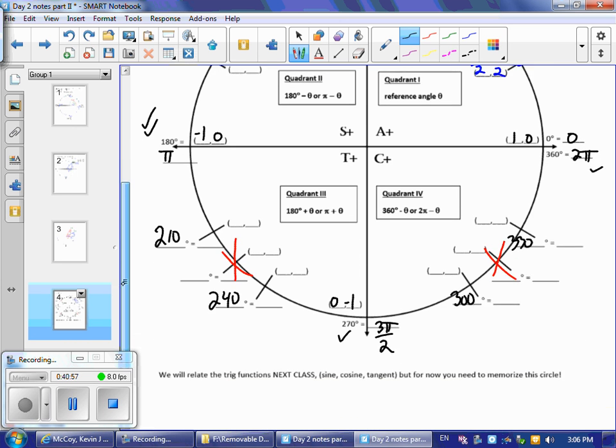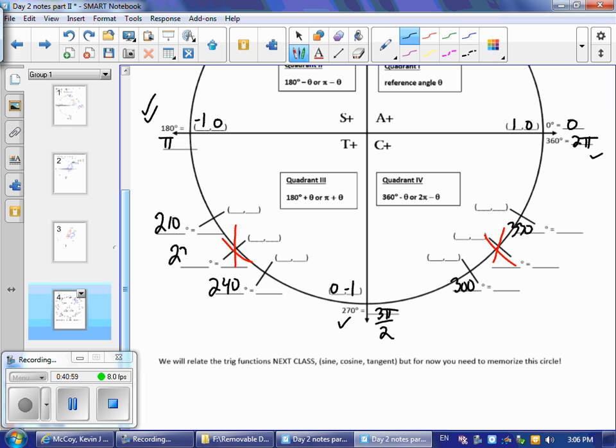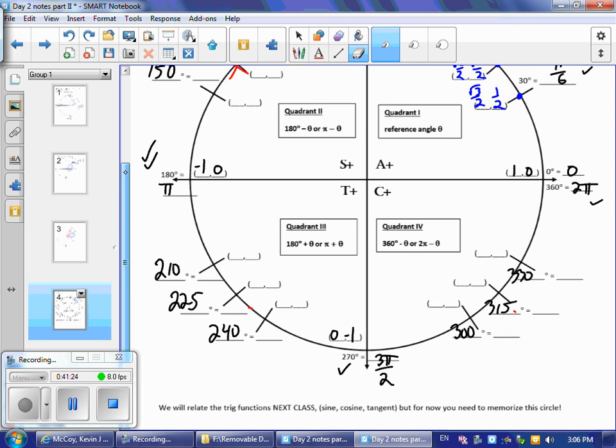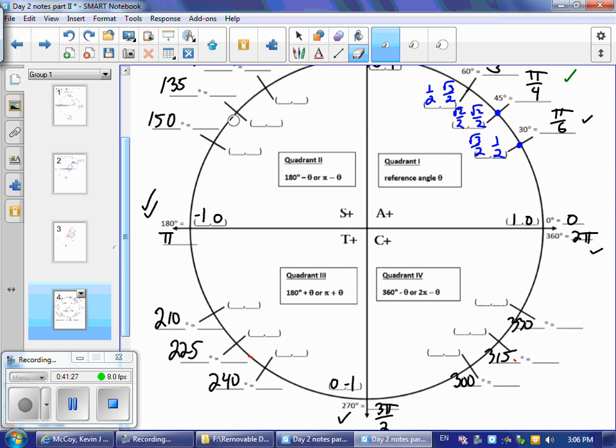Adding 45 to 180 is 225. 45 to that is 270, and then 45 to that one is, I'm going to have to take off my red X over here. So 45 onto 270 is 315. All right, so we've worked all the degrees out. Again, the degrees are not terribly difficult to do. You just have to know what you're adding to get to each piece.